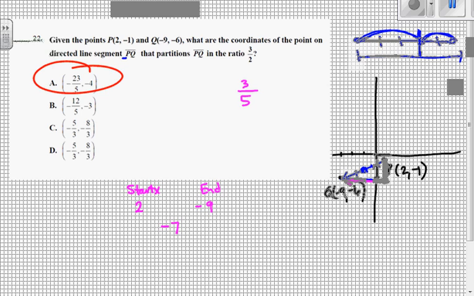So you've got to multiply that by 3. 3 of the 5 is 3/5 of that distance, and so that would be -21 over 5. Okay, but that's from the starting x, which is 2. Okay, so if you start at 2, you're going to go back 21/5. Keep in mind that 2 is 10/5. It's the same thing. And so that would be -11/5.